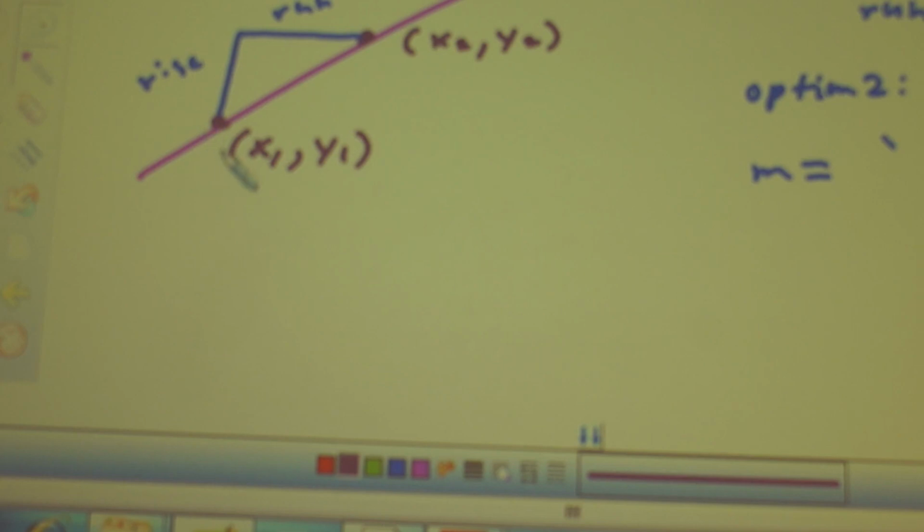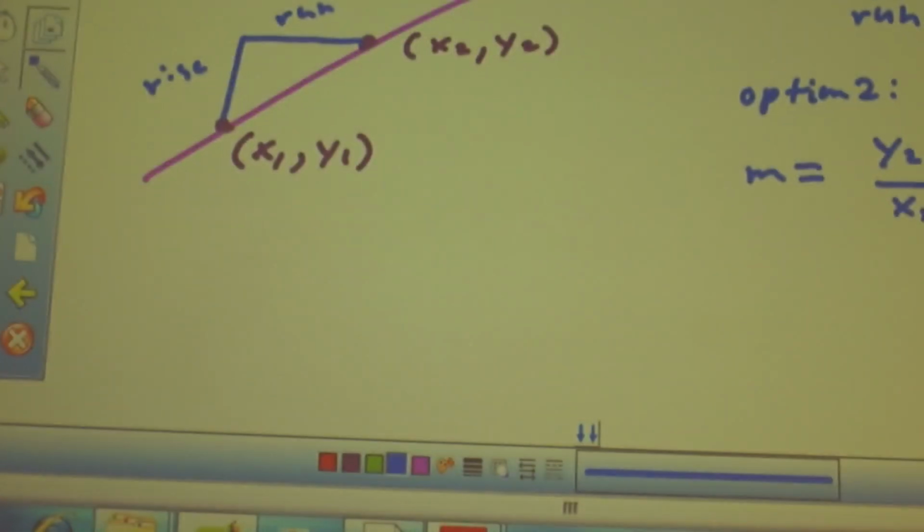So this is point number 1, x sub 1, comma y sub 1. This is the second point, x sub 2, comma y sub 2. The alternative way of finding your slope is by finding the change in your y's, so y2, this height minus y1, over your change in your x's, x2 minus x1.